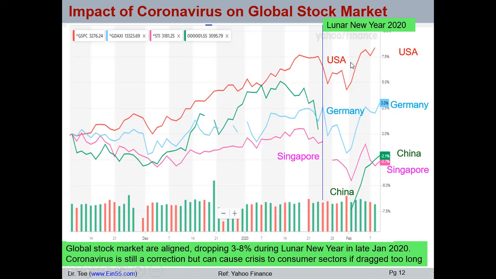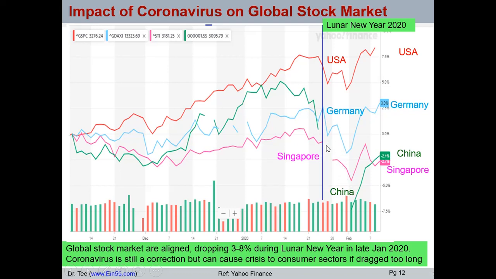USA S&P 500, Germany DAX index, China SSEC, Singapore STI. So you can see if we draw a line here, this is the starting of the Lunar New Year 2020. So we can see roughly the outbreak of the coronavirus becomes serious. From then, in fact, the China market was not trading for roughly probably 10 days or so.